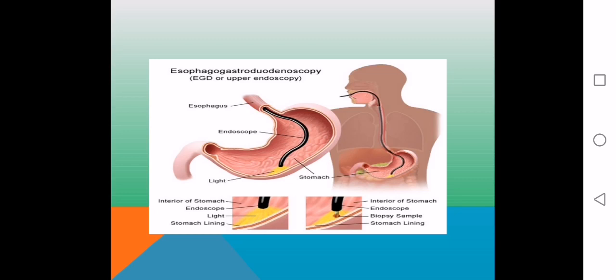Many of the endoscopes have at the end of it a very tiny part, whose function is to grab a sample of the stomach tissue to be examined, to deliver it to the laboratory to be examined.